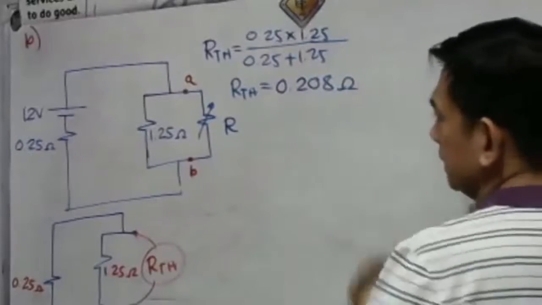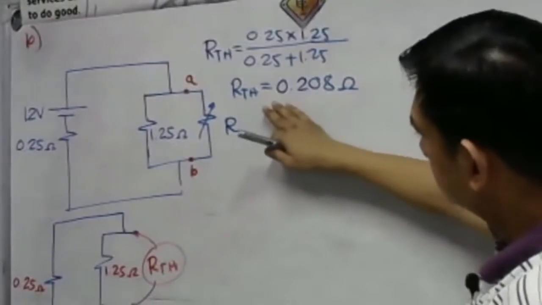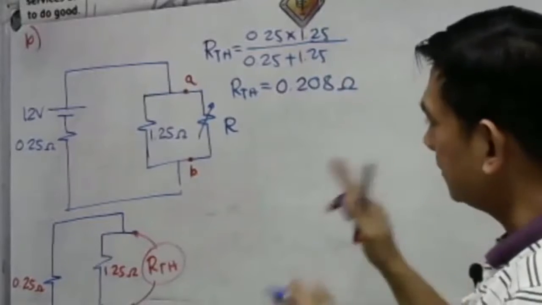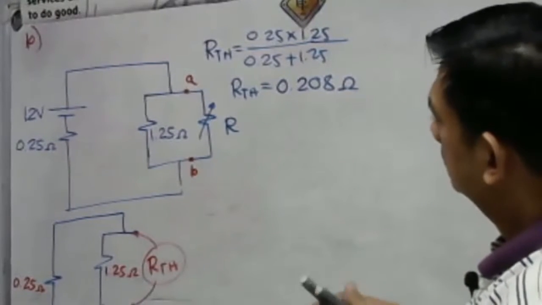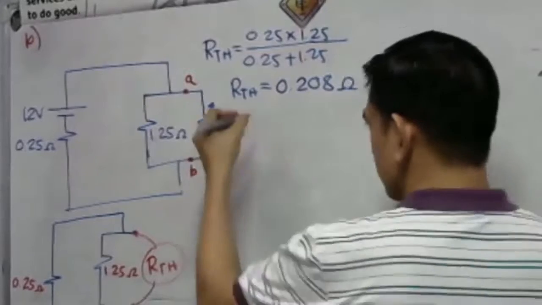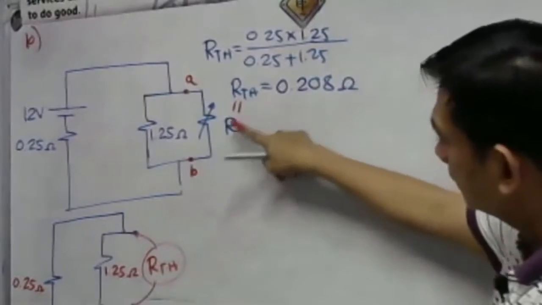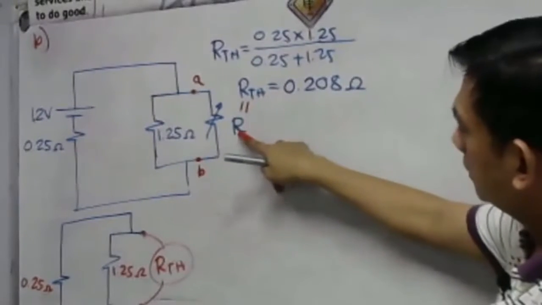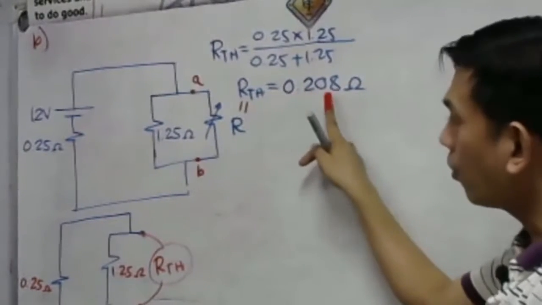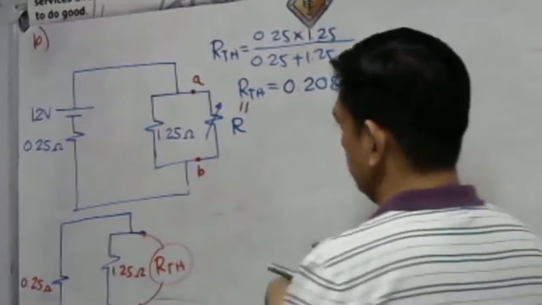That is our RTH here. Which is simply equal to the load resistance R here. Simply equal to the load resistance R. See? Ayun, sakto siya dito. So, equal lang siya. This R is equal to 0.208. See? 0.208.